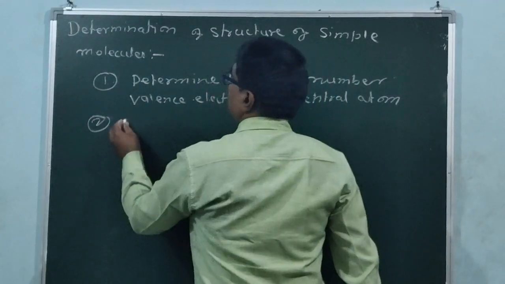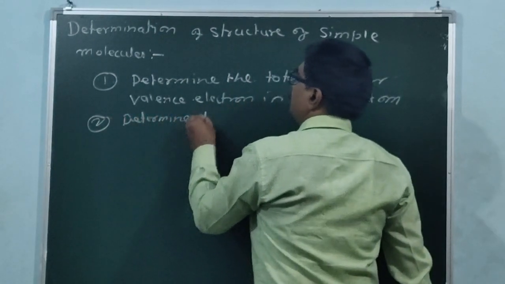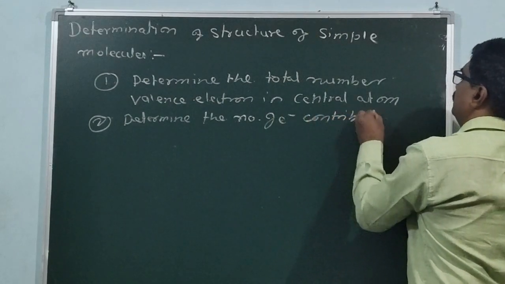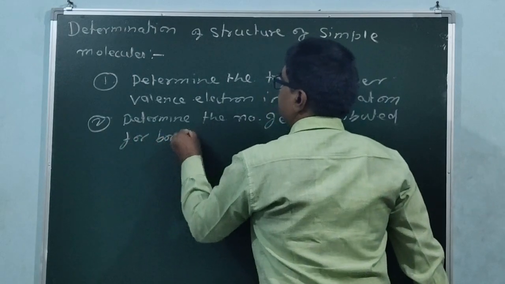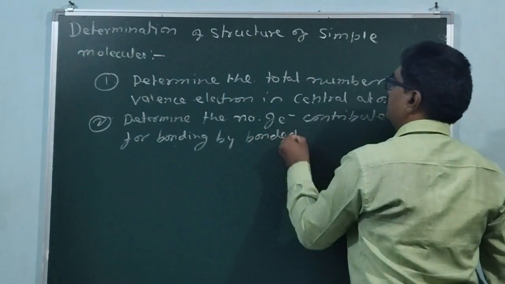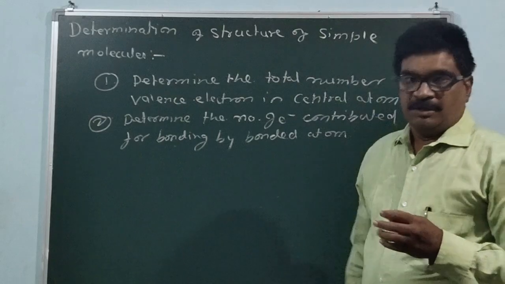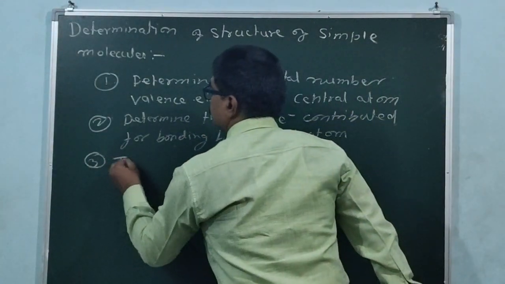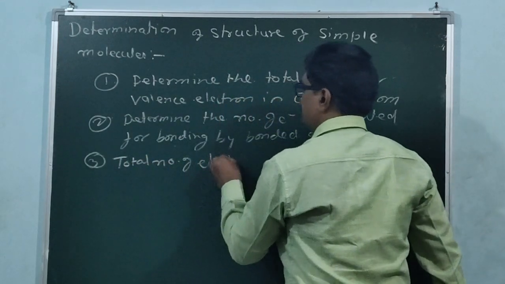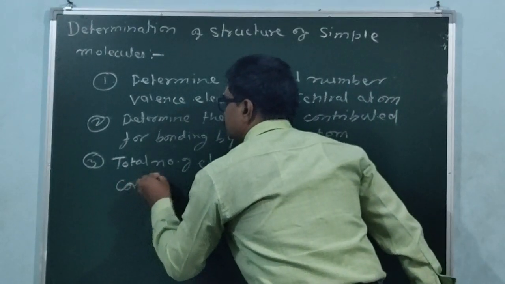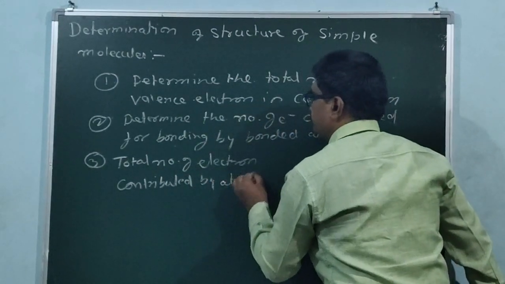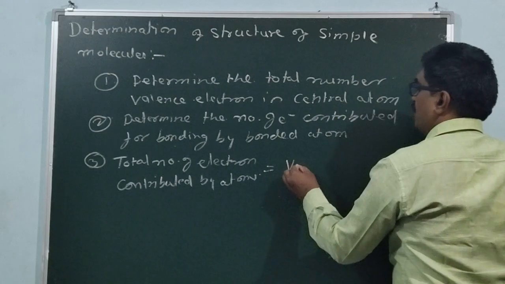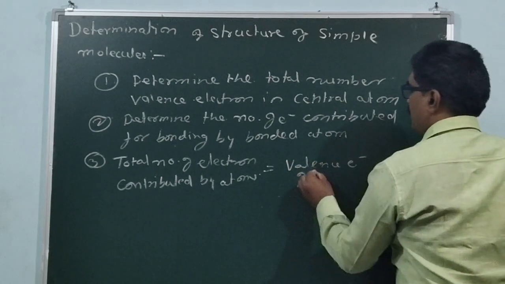Then determine the number of electrons contributed for bonding by the bonded atoms. The next step is to sum these up, that is, the total number of electrons contributed by the atoms will be equal to the valence electrons of the central atom plus the number of electrons contributed by the bonded atoms.